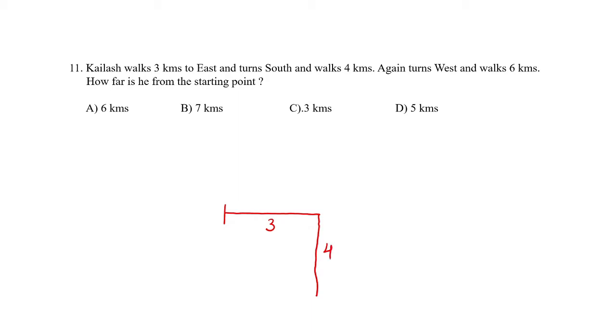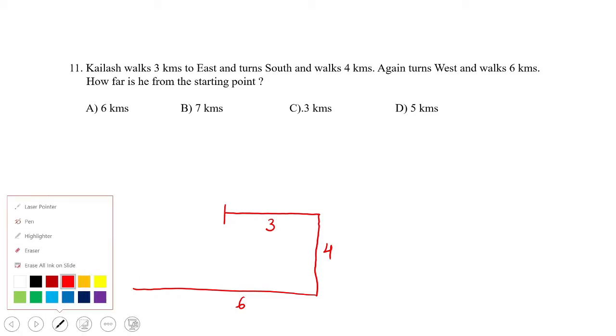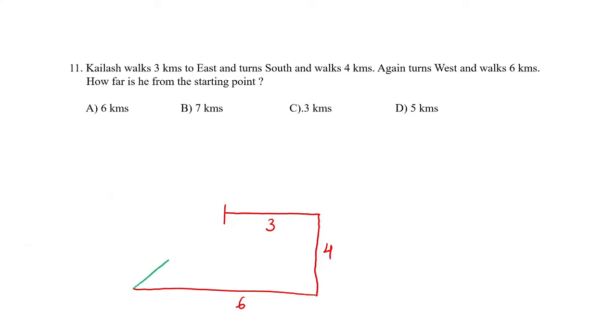Turns south and walks 4 kilometers. Again turns west and walks 6 kilometers. This is west direction, 6 kilometers. How far is he from the starting point? We have to find out the distance from this point to this point. This is the ending point and this is the starting point.